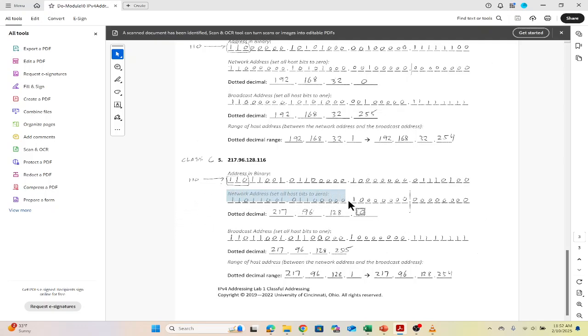So here's the network address with everything after the first 3 octets set to 0. So that's the network IP address. And then the broadcast address is all the host bits set to 1. So that would be this, right? Then the range is the network address plus 1 through the broadcast address minus 1. So again, that would be the range of available IP addresses.